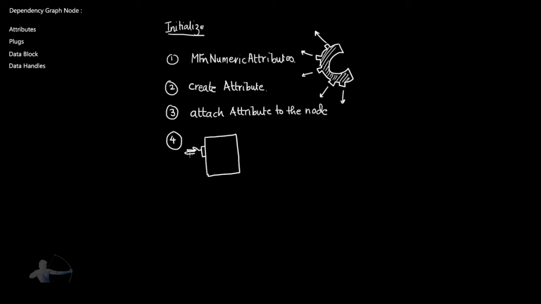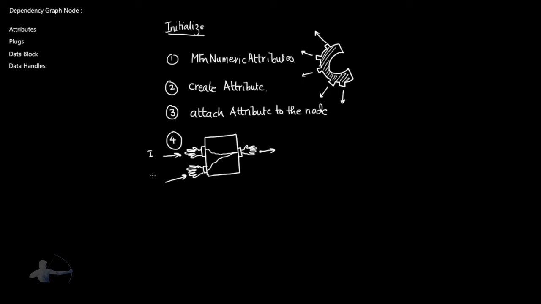For example, we have two inputs that can be accessed by their handles, they are MPlugs, and there is an output node. So in this fourth step, we design a circuitry so that if there is a change in this attribute, it should reflect the change in this output.